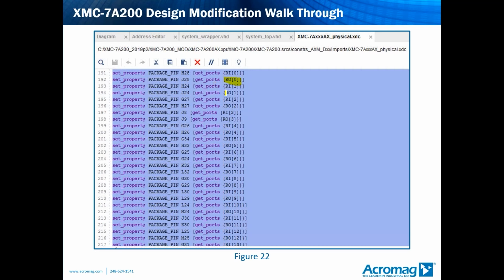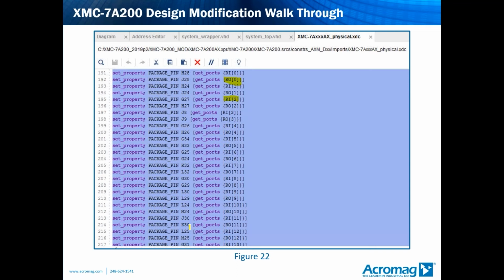We're going to rename anything with RI to RIO_N in lines 191 to 320. So you want to highlight all those lines. Additionally, within those lines, we're going to be changing what is shown as LVCMOS 25 to LVDS 25.